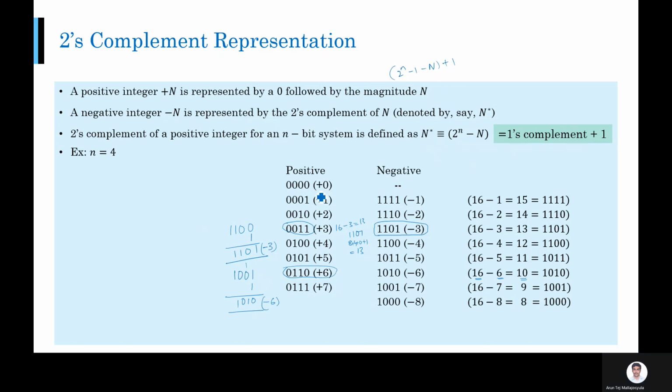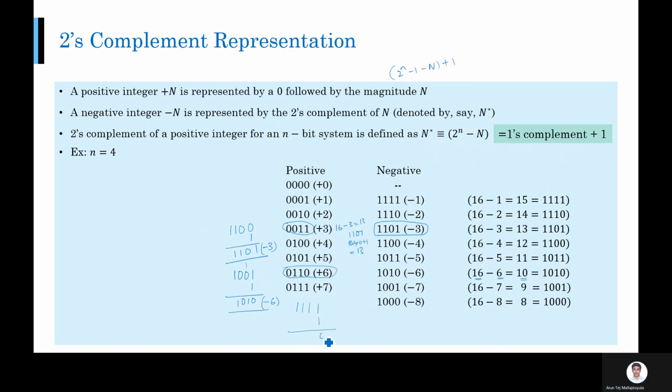Now you can differentiate from 1's complement for the 0 here. To take 0, what is the 2's complement representation for minus 0 here? 0, 0, 0, 0, 1's complement will be 1, 1, 1, 1, plus 1, right? You add 1.